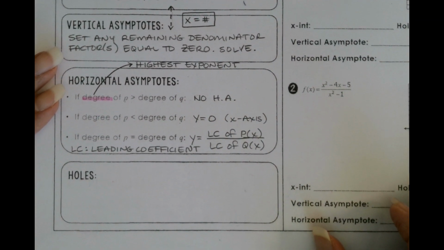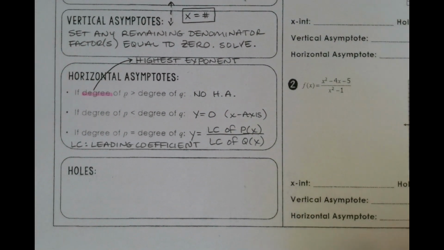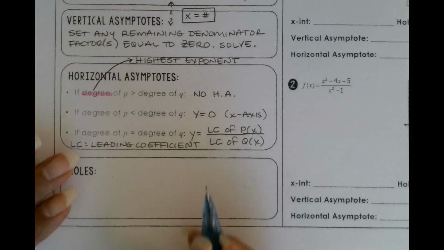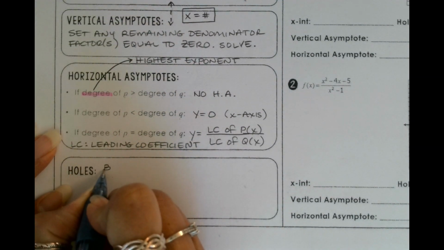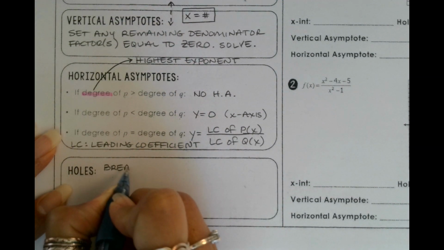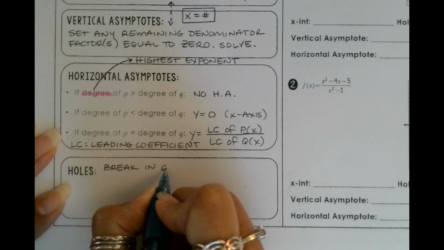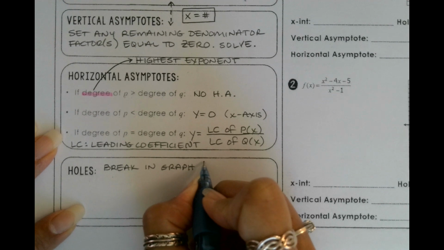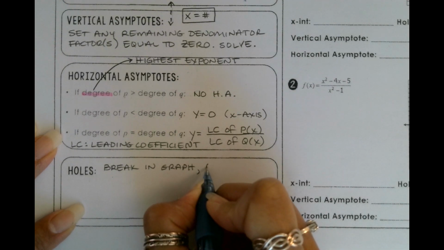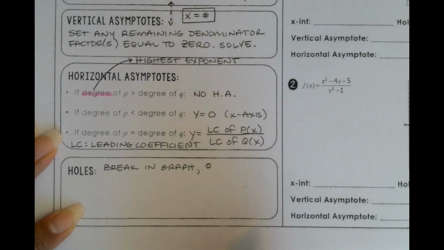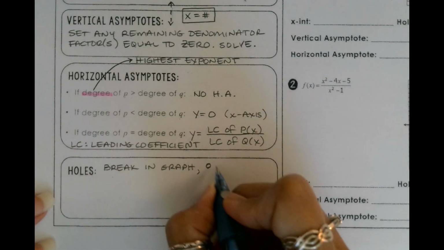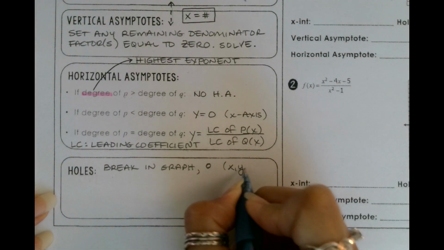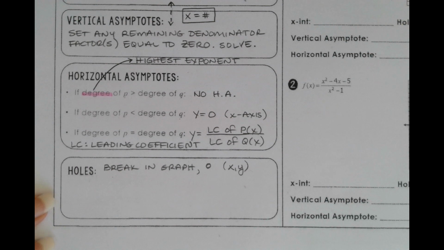Last but not least feature is holes. The holes are breaks in the graph. Okay, and the breaks in these graphs are usually denoted by an open circle for the coordinates of x and y of that invisible point, so to speak.